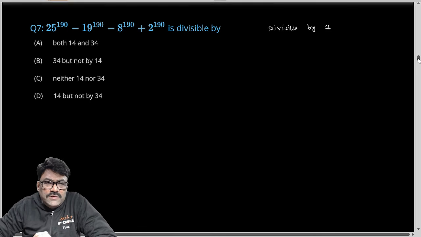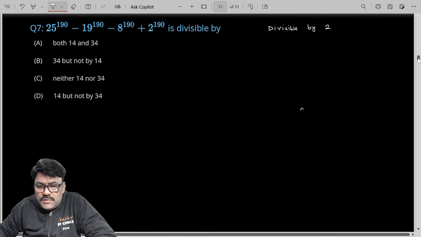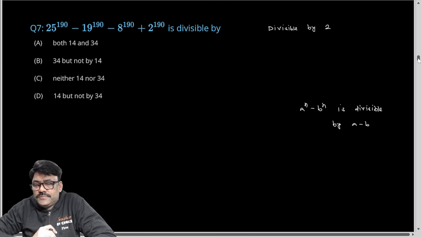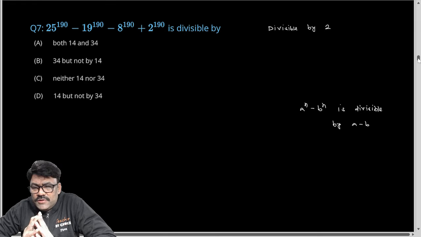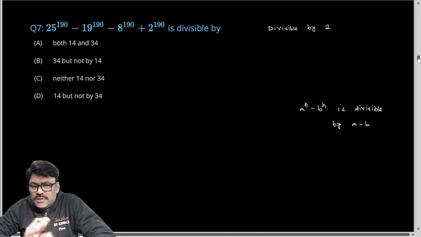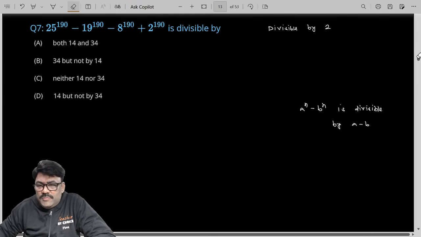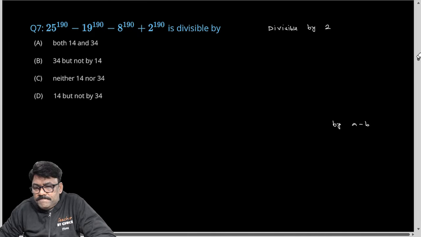Now recall a result, and this is a very important result. a raised to n minus b raised to n is always divisible by a minus b, if n is any natural number, odd or even. So let's use this result here.